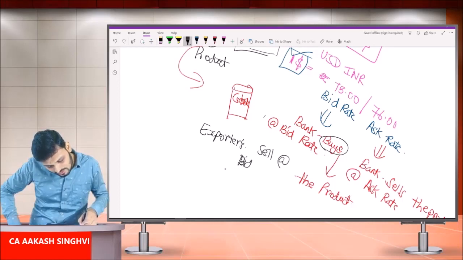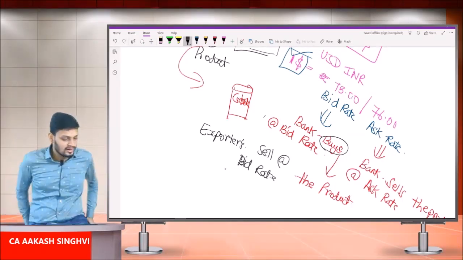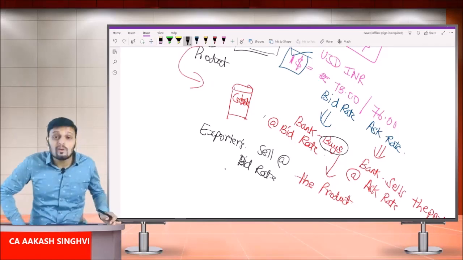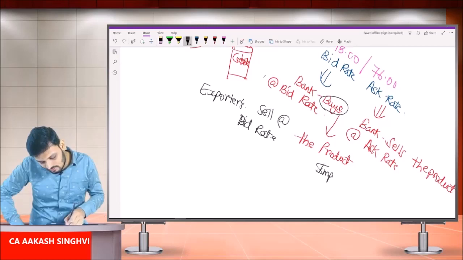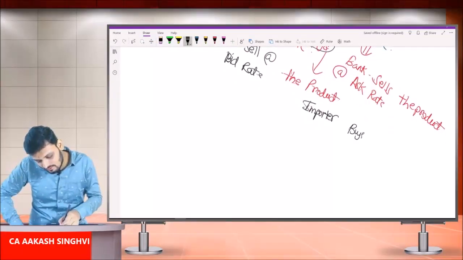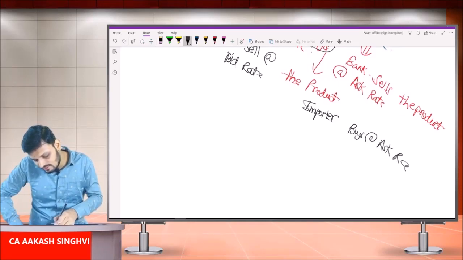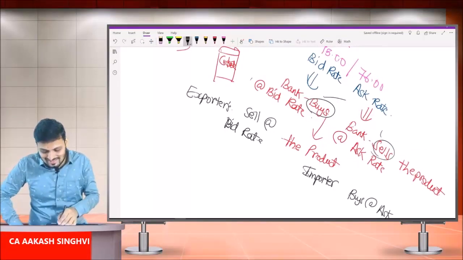Superb, everyone has replied absolutely correct. Exporter sells at bid rate and importer buys at ask rate. Whereas bank will buy at bid rate and bank will sell at the ask rate.